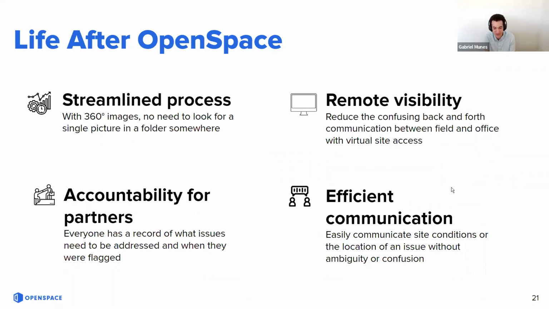A big value driver for OpenSpace is streamlining the process of gathering documentation and sharing it, right? As Becca was touching on, the remote visibility of being able to have office teams self-serve accessing data versus having to be texting and emailing back and forth.